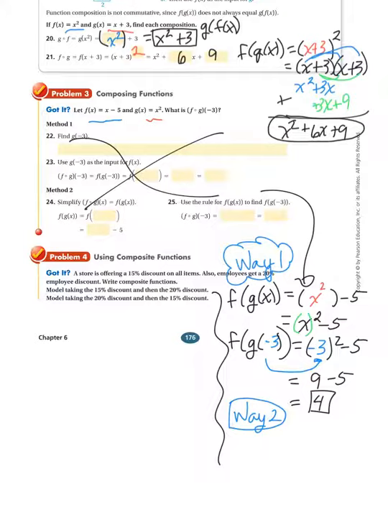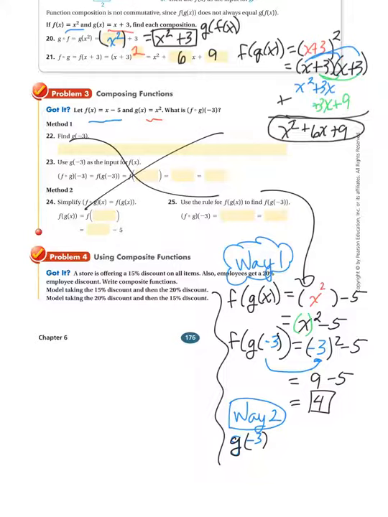For way 2, you could take this -3 and work backwards. So you could take the -3, plug it in the g function, and then get a value. When you get that value, you could plug it into the f function. So let's find g of -3.